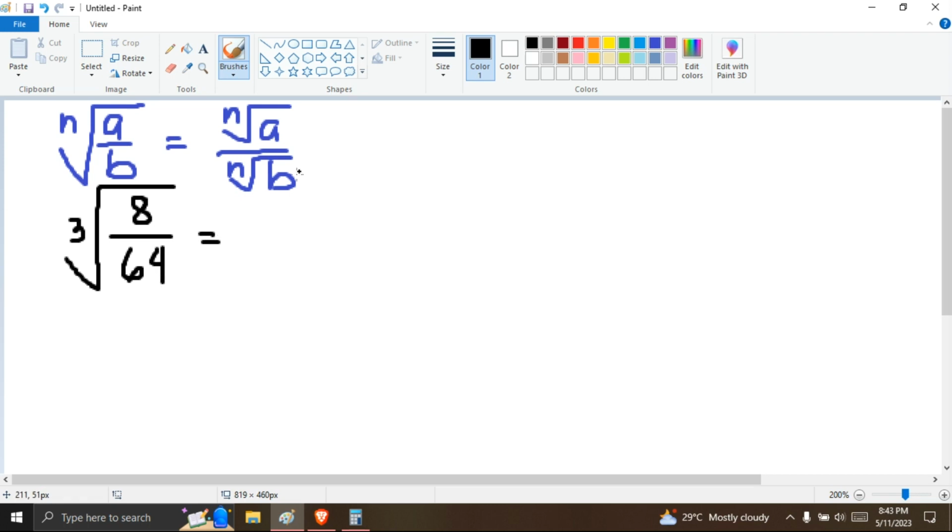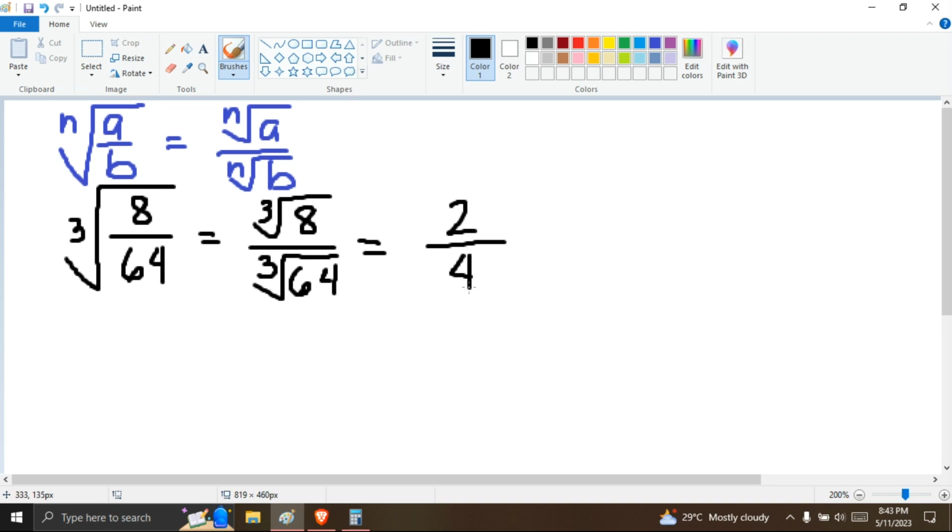So we can apply it now, in the form of the nth root of A over the nth root of B. So that is the cube root of 8 all over the cube root of 64. The cube root of 8 is 2. And the cube root of 64 is 4. So 2 over 4, which can still be simplified. So that is equivalent to 1/2.